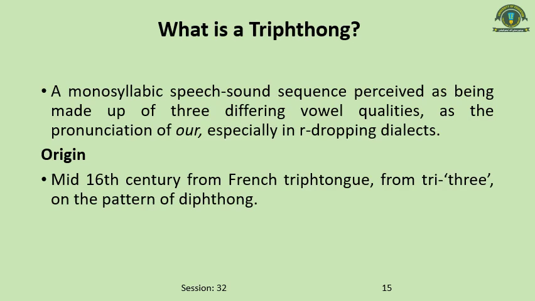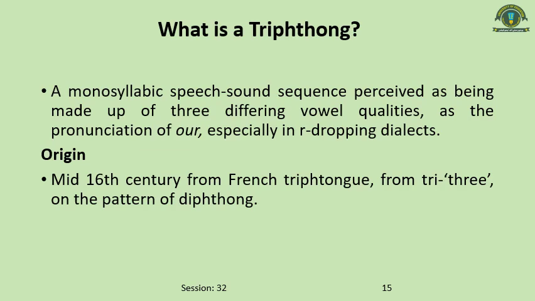Are you getting my point? A triphthong is a monosyllabic speech sound sequence perceived as being made up of 3 differing vowel qualities, as in the pronunciation of ow, especially in R-dropping dialects. That's very important. So that means these are used in R-dropping dialects of English.